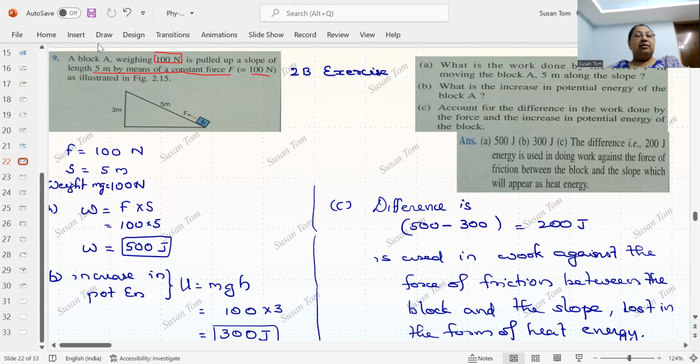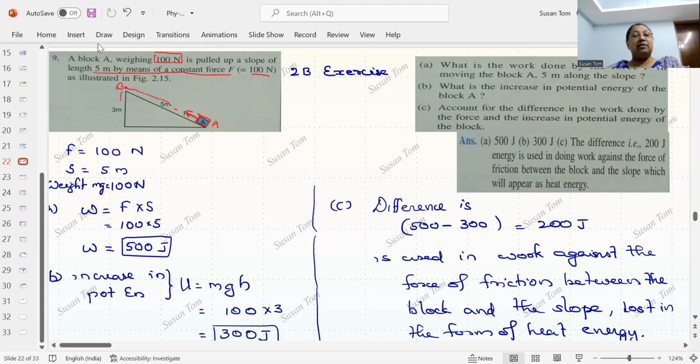Look at the diagram. This is the box whose weight is 100 Newton, and it is pulled by a force of 100 Newton through a distance of 5 meters, from point A to point B.